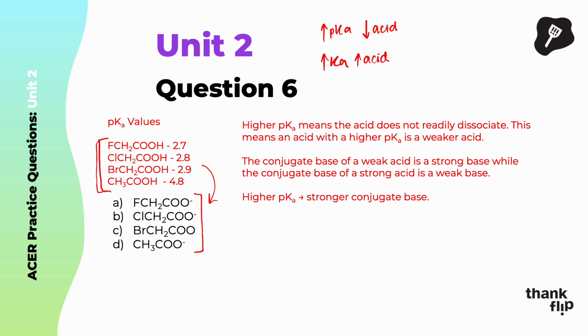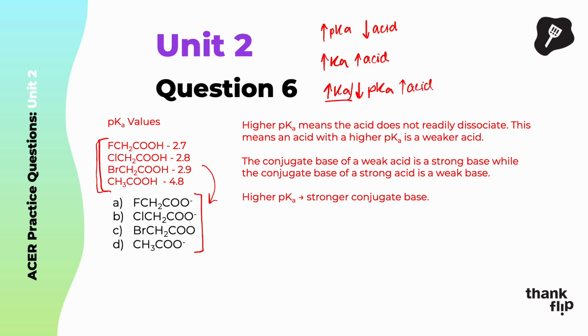All right, so pKa is the negative log of Ka. So that means that they have an inverse relationship. So the higher Ka we have, the lower pKa we're going to have. And that means the stronger acid we're going to have.